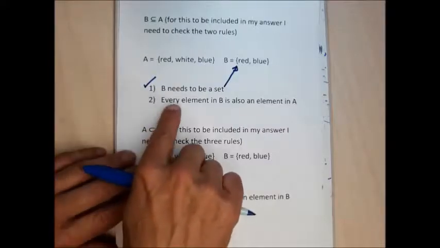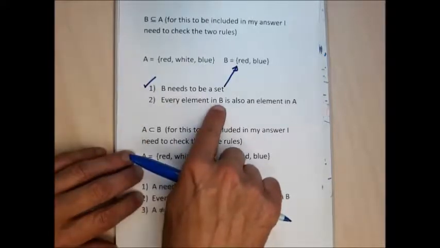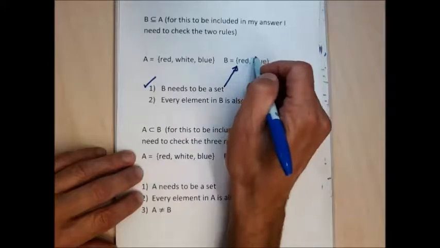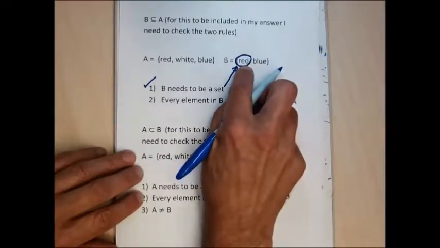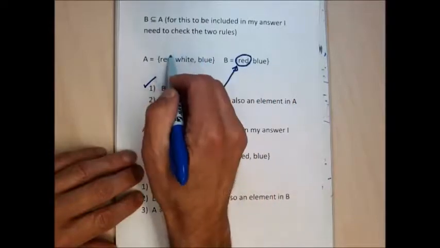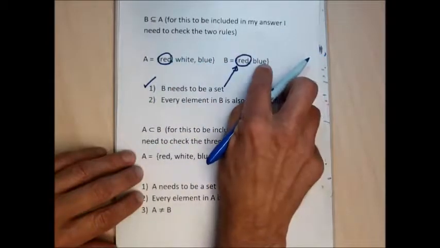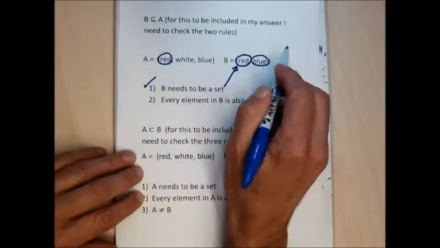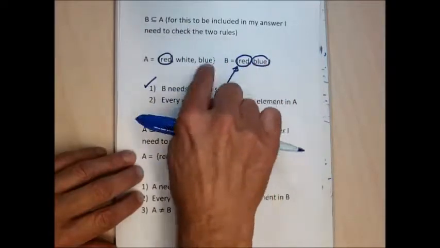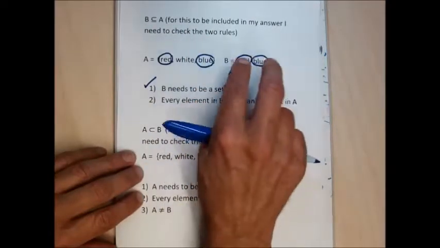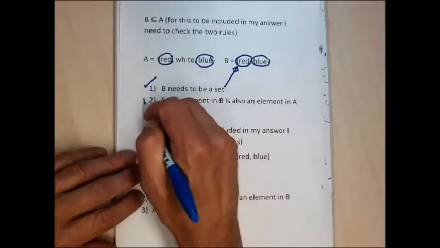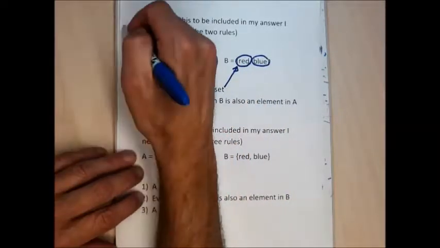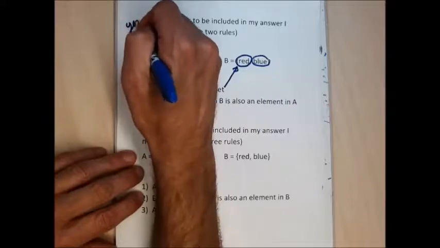Now I move on to test 2, see if every element in B is in A. There are two elements in B. Red is in B. For B to be a subset of A, it also has to be in A, which it is. And blue is an element of B. For B to be a subset of A, blue also has to be in A. Every element of B, red and blue, is also an element of A. So rule 2 is satisfied. And this needs to be part of my answer.